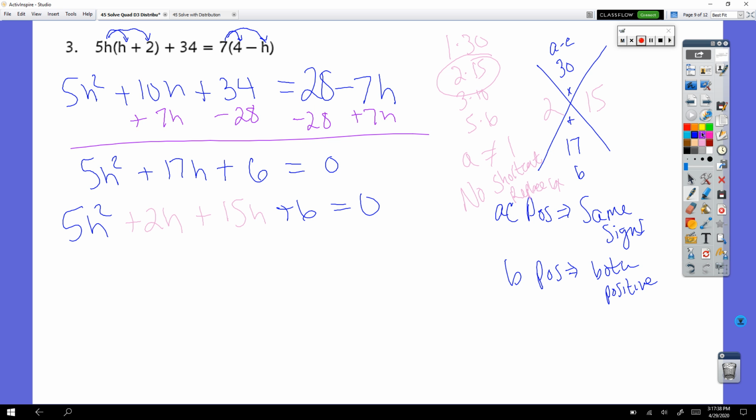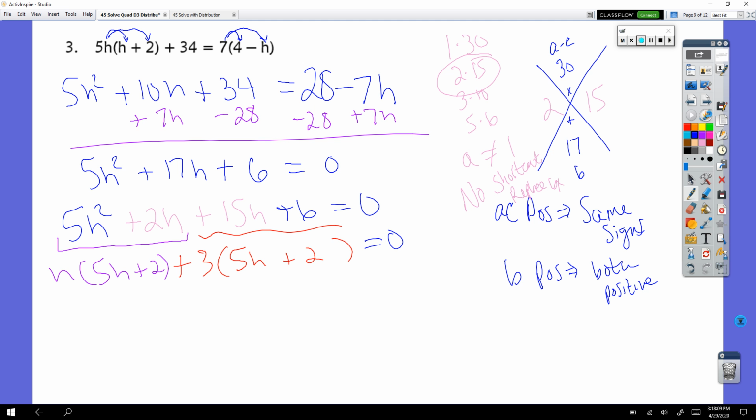Now we're going to be looking for our factoring by grouping. So in our first group, h is in common. In our second pair, I see a positive 15, so I'm going to use a plus, and I'm going to think about what goes into 15 and into 6, and the greatest value that goes into both of them is a 3. So I'm thinking 15h divided by 3 and 6 divided by 3. Keep this in equation, so it's going to be equals 0 at the end.